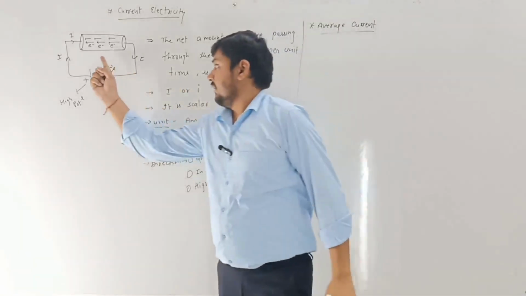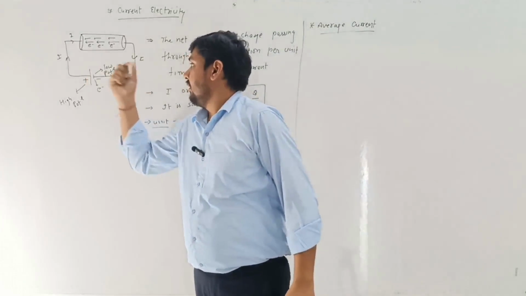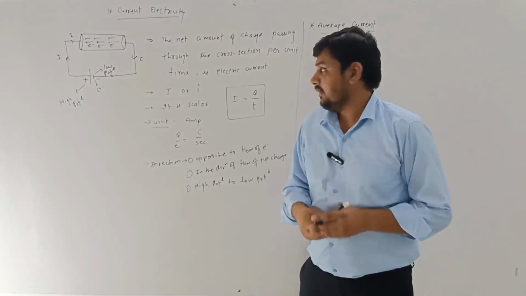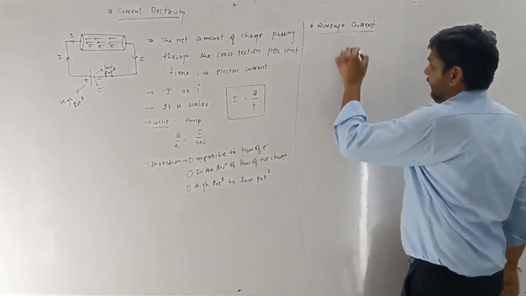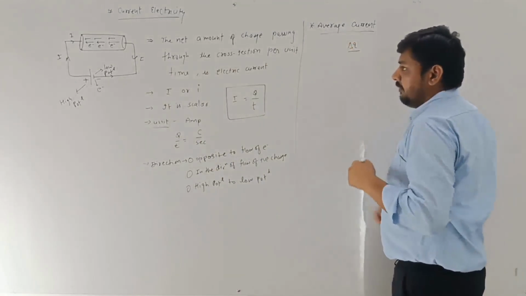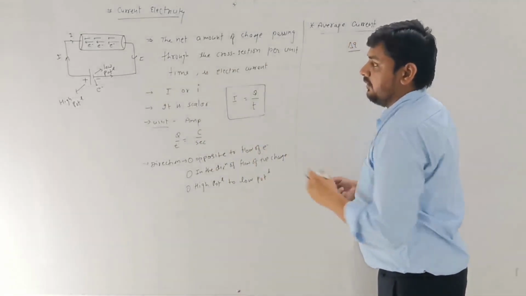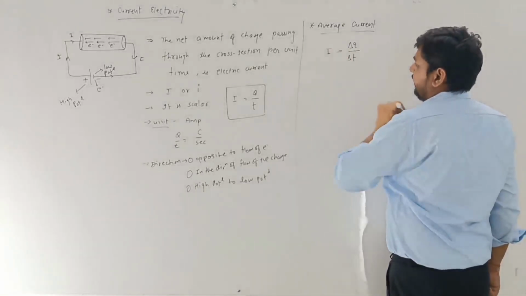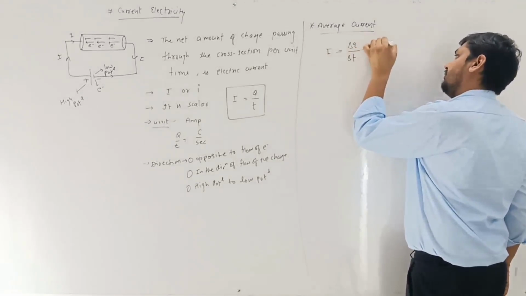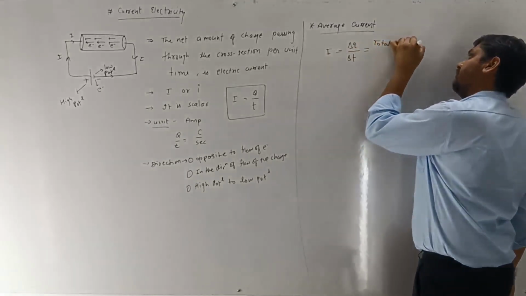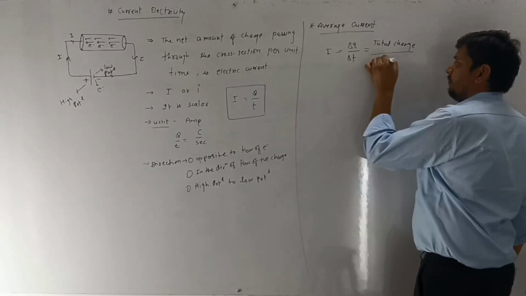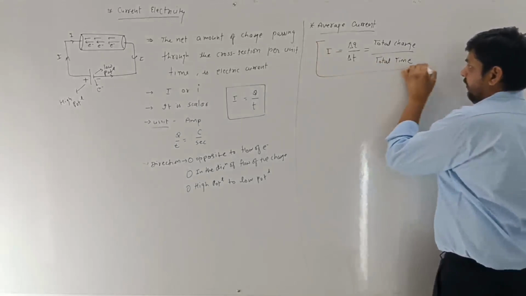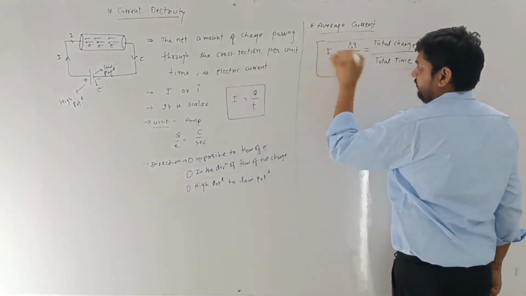If the net charge is delta Q, from charges Q1, Q2, Q3 and so on, and the time intervals T1 plus T2 plus T3 give the total time T, then the average current is total charge upon total time. Thus we can calculate average current.